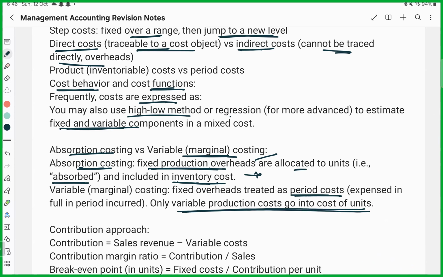Variable costing means the costing which is incurred only if the production happens. So the material cost will be involved if we are actually manufacturing the product. If we are not manufacturing the product, we will not incur any material cost. So variable costing is nothing but the cost which is incurred only if the production is actually happening.